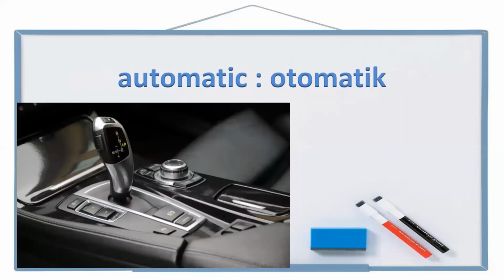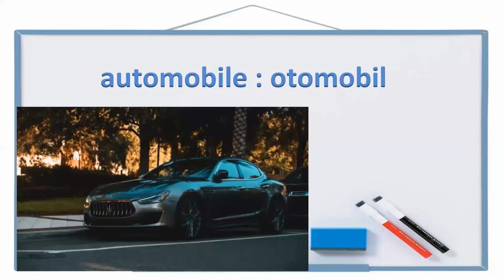Automatic is automatic. Once again, automatic. Next one is automobile, and in Turkish it is otomobil, or we can say araba as car. In this concept it is otomobil.